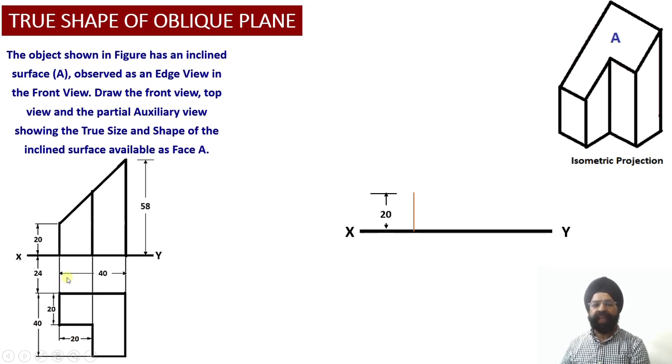We know that the width of the solid is 40 millimeter. This is the width of the solid in the orthographic projections, and in the isometric projection this will be the width of the solid. Now let me draw the width, equal to 40 millimeter. Once I draw this, I know that the rear edge of the solid is a longer edge with a height equal to 58 millimeter.